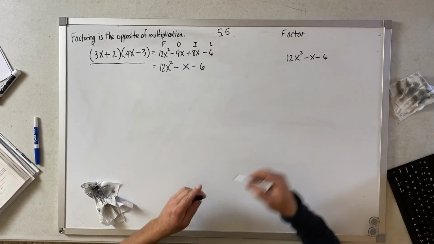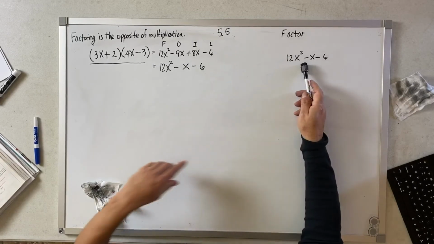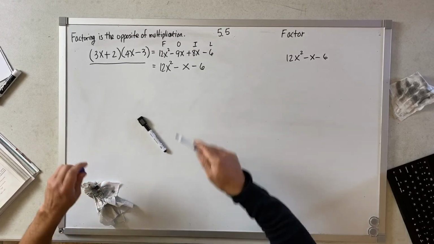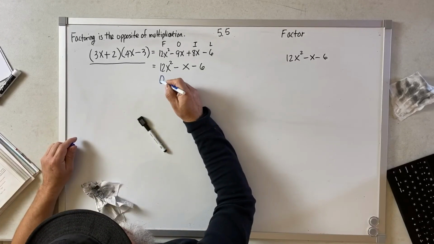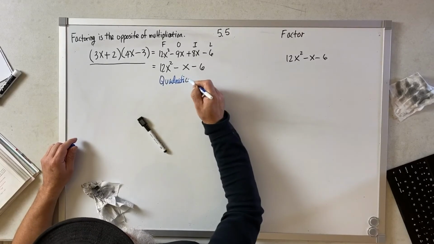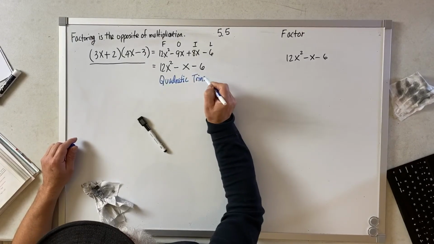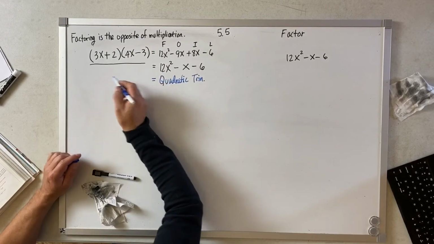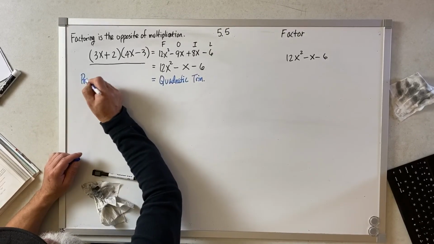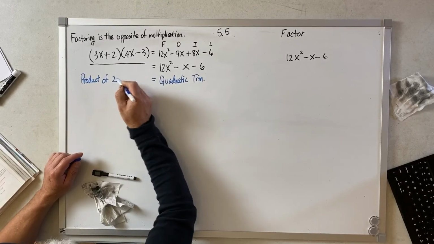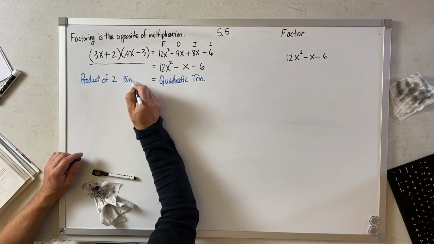Note, one thing we do notice, how do we get this quadratic trinomial? How do we get it? By the product of two binomials.